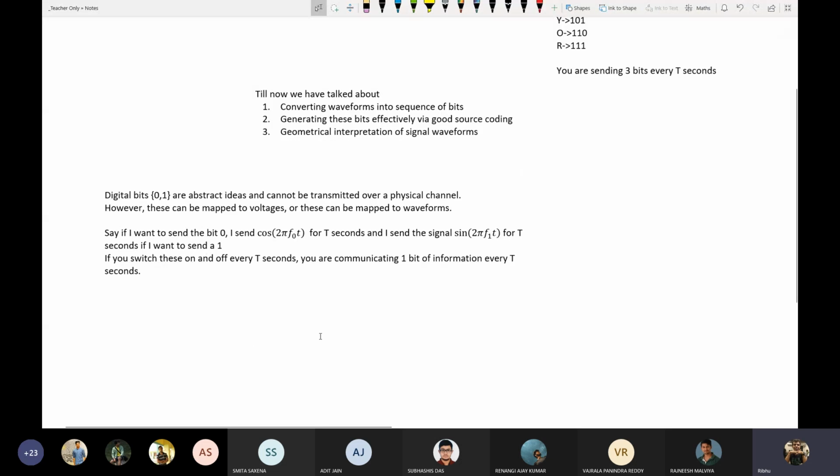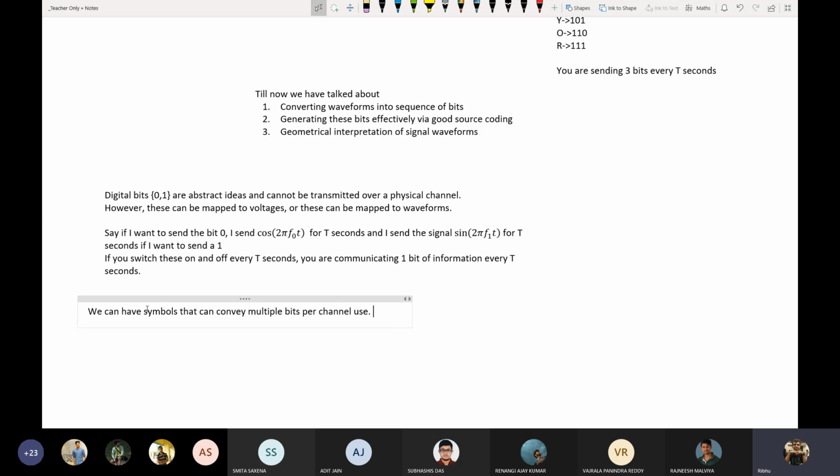So the key takeaway is we can have symbols that can convey multiple bits per channel use.